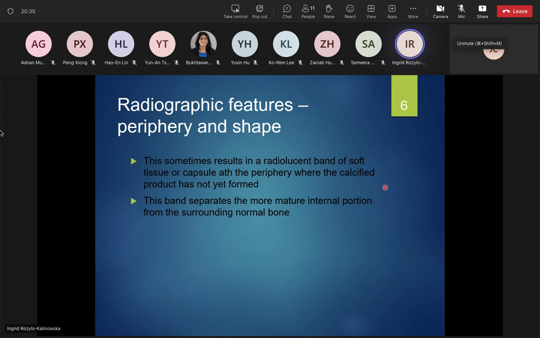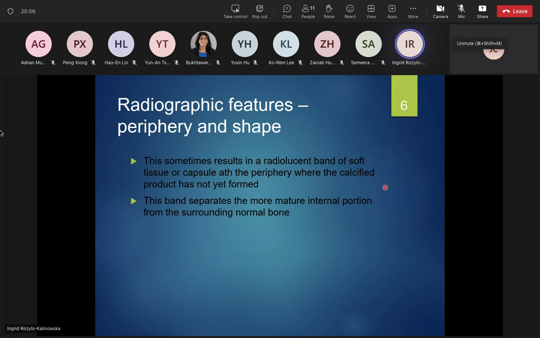So sometimes, especially in case of odontogenic tumors, you will be able to perceive a radiolucent band of soft tissue, a capsule at the periphery where the calcified product has not formed yet.